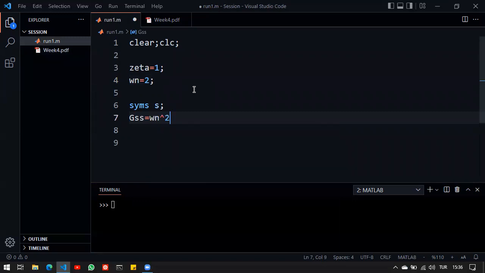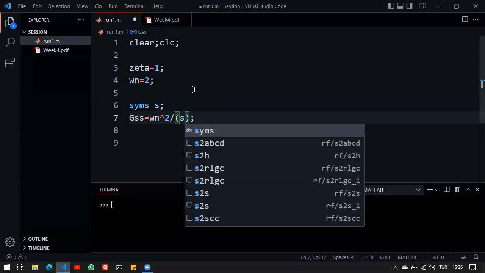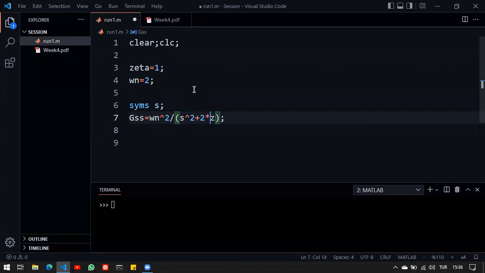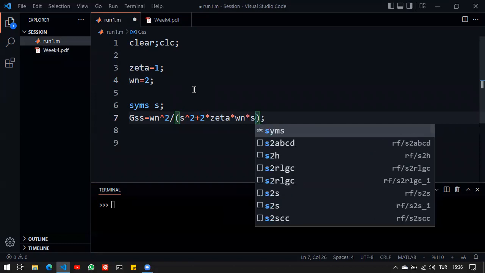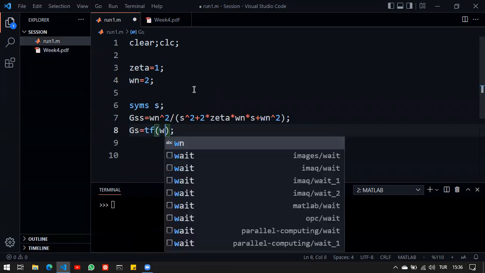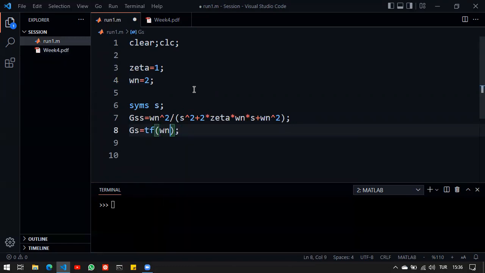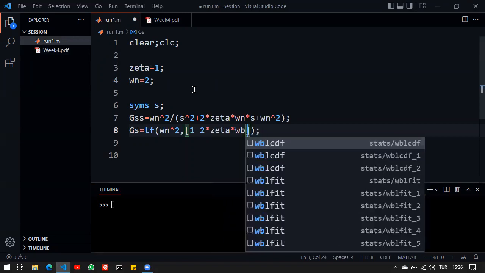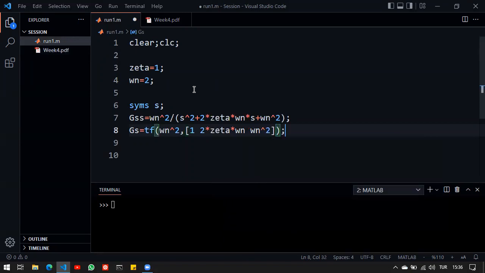That looks like this: omega n squared over s squared plus 2 times zeta times omega n times s plus omega n squared. Now I'm going to quickly also define the transfer function object here: omega n squared, comma, 2 times zeta times omega n, and then again omega n squared.